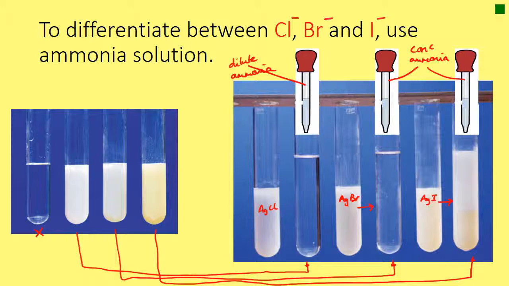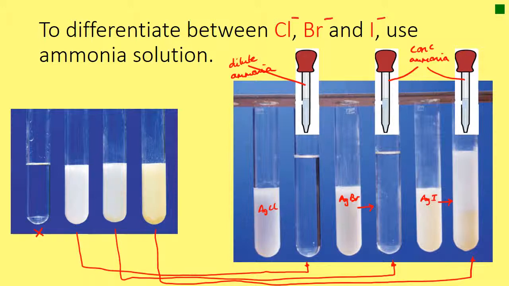So that becomes this one. We're going to take the bromide, and that becomes this one once we've added our ammonia to it. And the last one becomes our iodide.